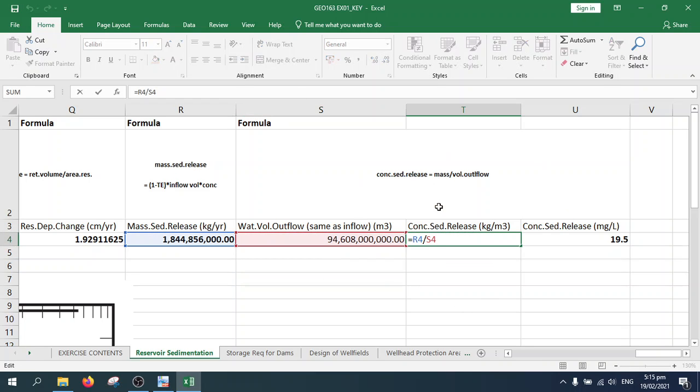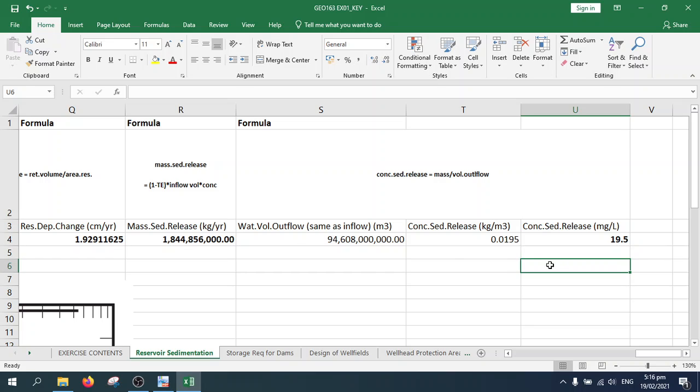Now, to get the sediment concentration, all you have to do is just divide the sediment released by the volume of outflow per year and just convert that quantity into milligrams per liter, right? So that concludes the part 1 of the bonus exercise. All right, in the next video I will be discussing the storage requirements of dams.